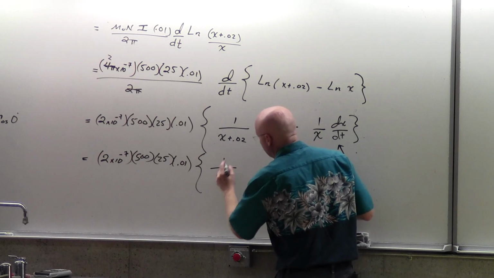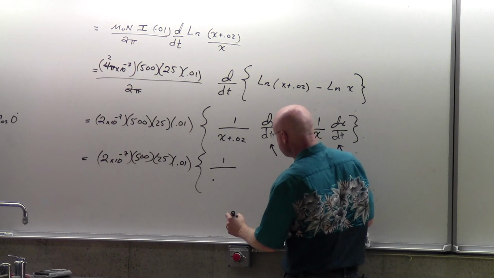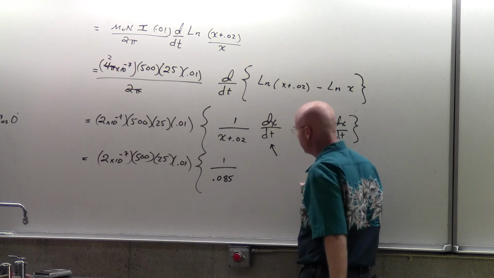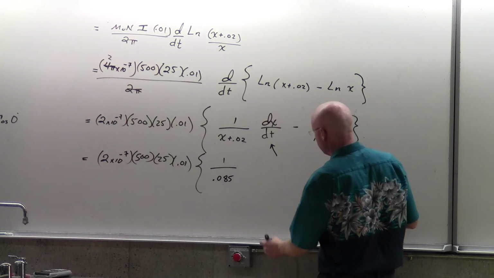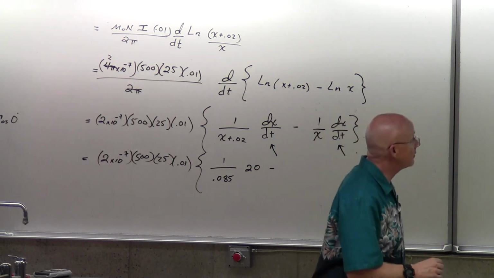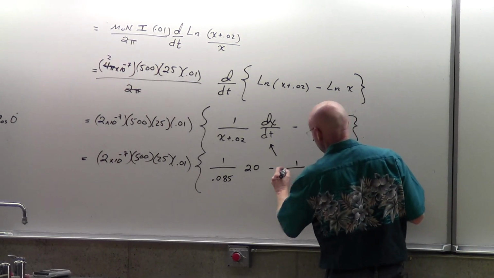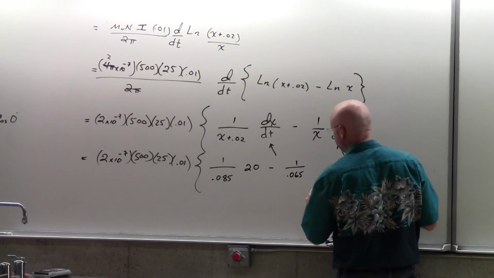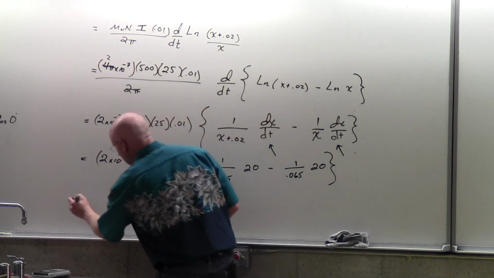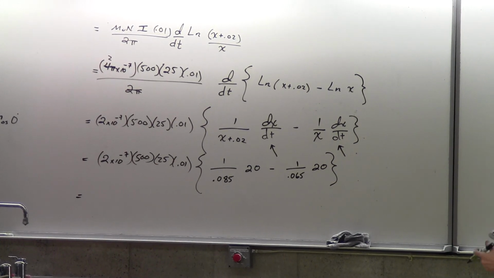So 6.5, and then add this, make 6.5, I guess that's 8.5, right? So that's 8.5 times 20. That was the speed, right? 20 meters per second. And then this would be the 6.5 times the 20. And now it's just a matter of getting out the calculator and plugging these in.